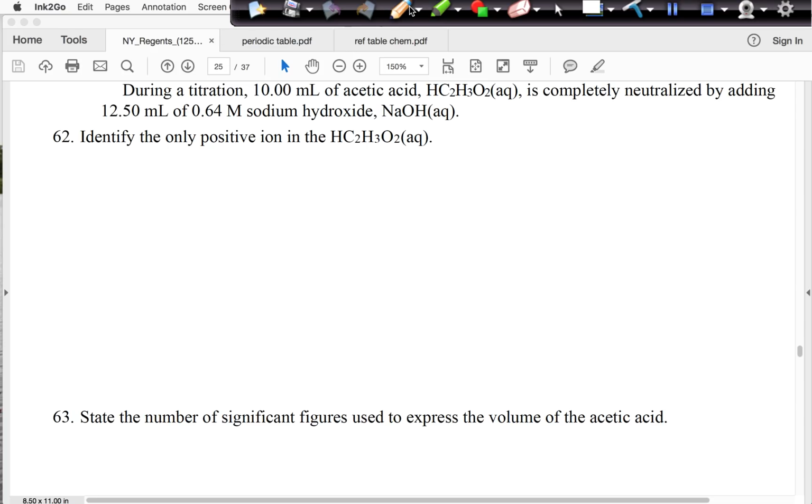63 says how many significant figures were used when expressing the volume of the acetic acid. The volume of the acetic acid is 10.00. Since the decimal is present, we start at the Pacific side.